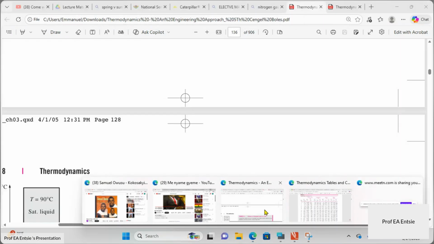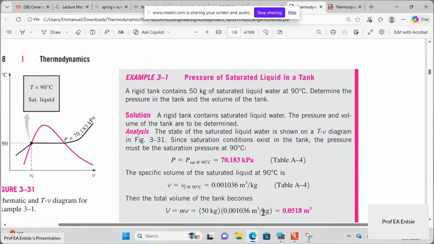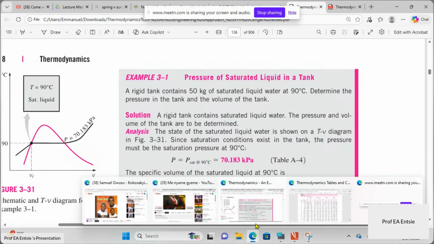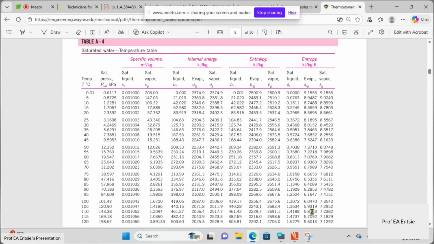So what you are going to do is find it at the liquid state, because they told you that it's a saturated liquid. So we come here, specific volume at liquid state, that's the vf. It is 0.001038, right? This thing when you're doing, you have to open your eyes.